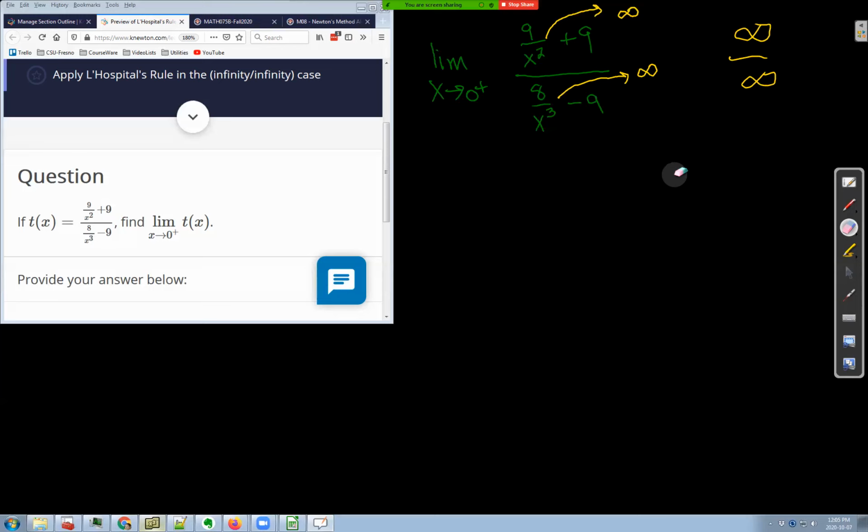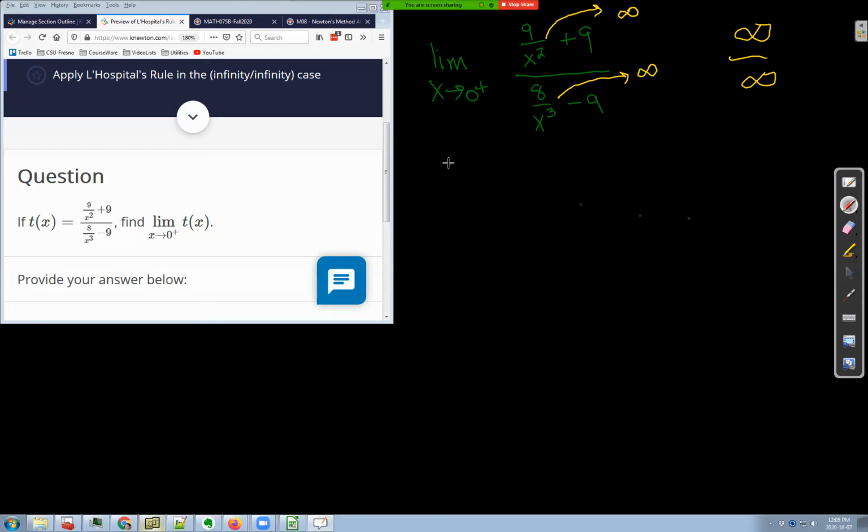I would have to find the derivative of the top, and I would have to find the derivative of the bottom. And right now, I don't want to find the derivative of the top because it looks too complicated, and I don't want to find the derivative of the bottom because it looks too complicated. So I will do a little bit of simplification here, but just a little.